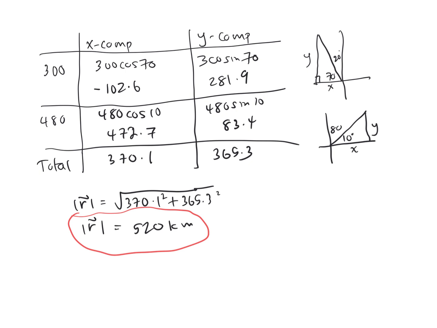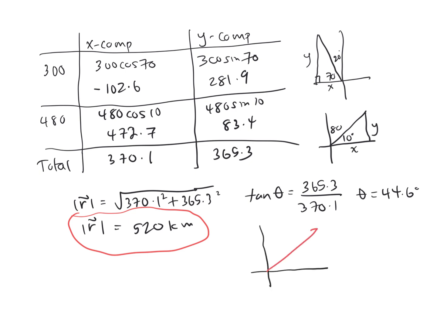If we were finding the angle for the direction, theta works out to be 44.6. Now, what does our resultant look like? Well, both positive, right? The resultant was right 370 and up 363.